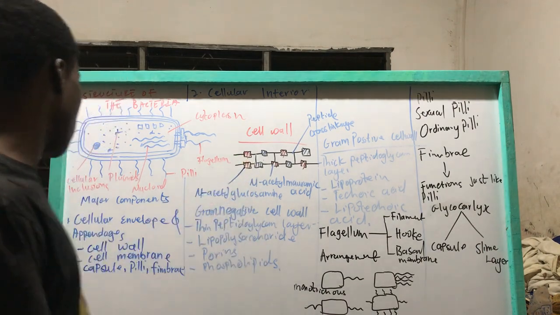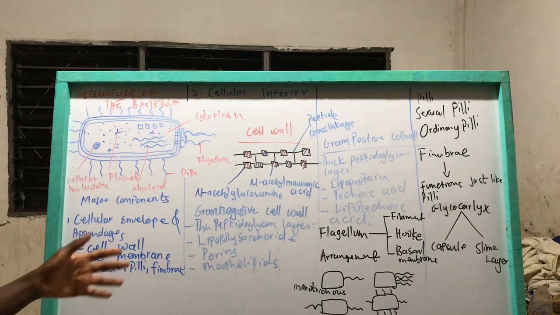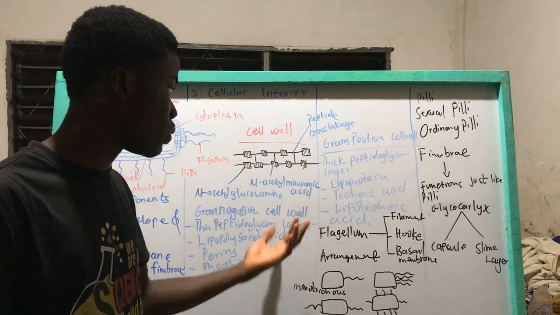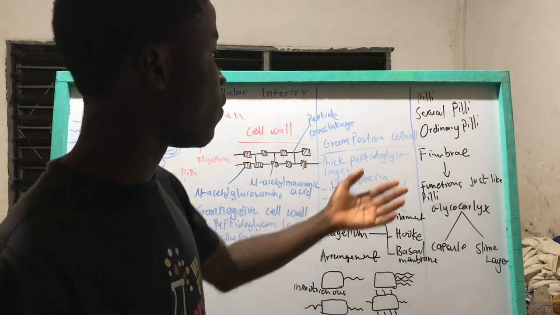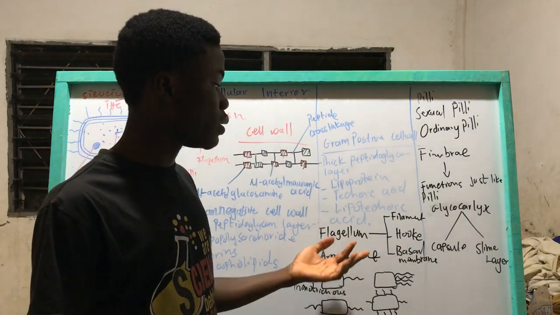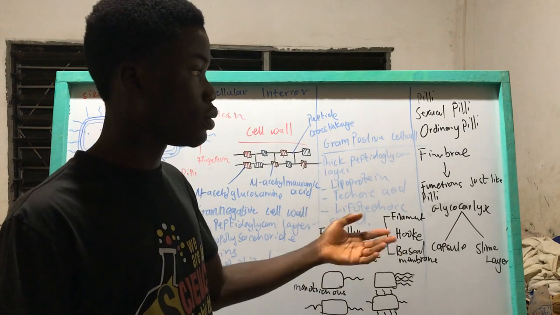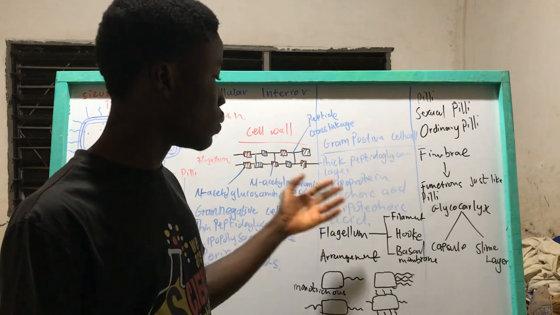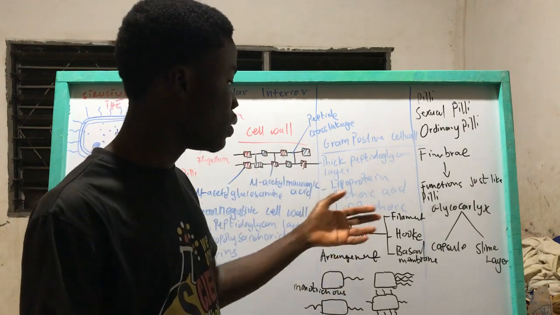Now, aside from the cell wall, we have the cellular appendages, and among them we can talk about the flagellum, the fimbriae, and the pili. The flagellum is basically a thread-like structure that is attached to the bacteria.